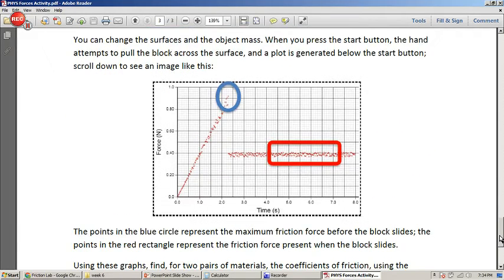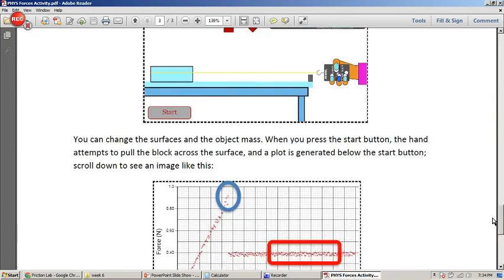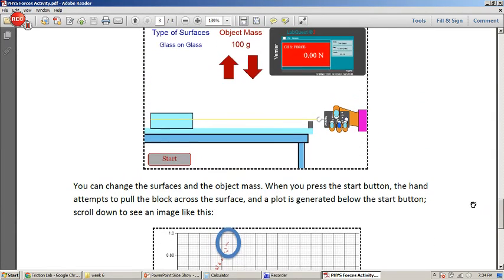Right? And so the idea is this part of the lab will let you get to what you would do in the lab with actual materials. But you can relate the friction force, which you're getting from these measurements, to the normal force, which you can calculate from the object's mass, which you play with. You can adjust it up and down.